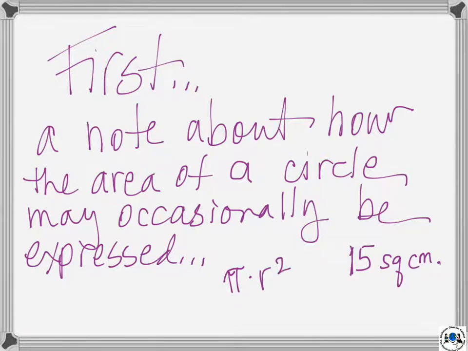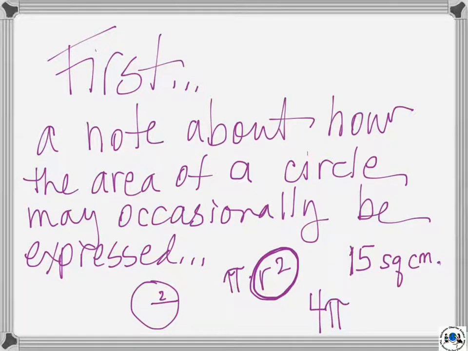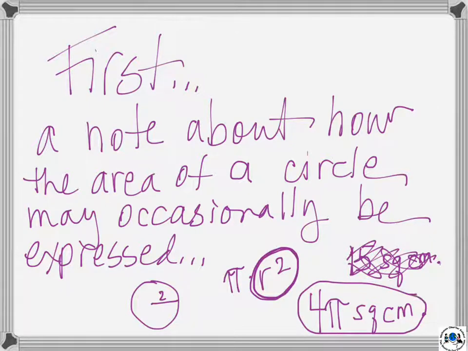What they'll do at times is take that r squared, and let's say you have a circle with a radius of 2, and they will go ahead and just put 4 pi square centimeters. That's not 15 square centimeters, but every now and then you may see it expressed like this, instead of just straight square centimeters.